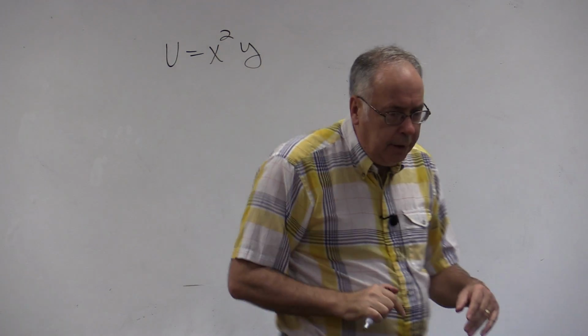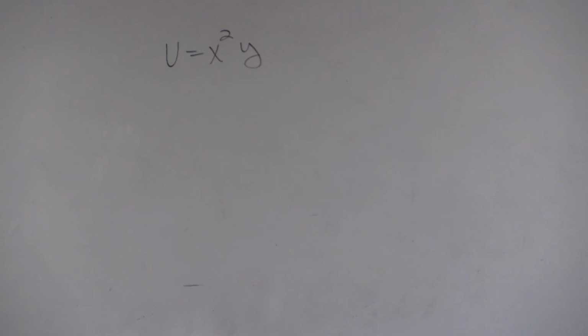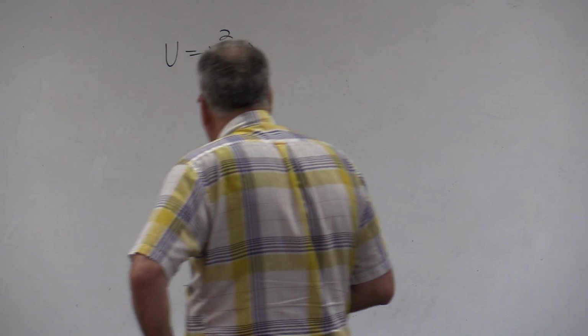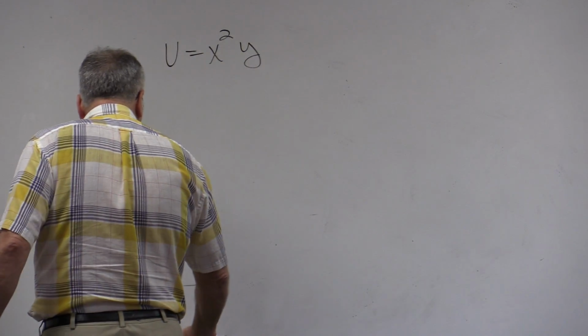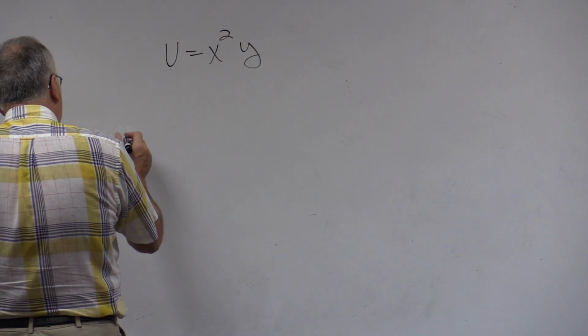Is this utility function quasi-concave? Okay, it's not concave. How do we know it's not concave? What would have to be true for this to be concave? Look at all these second derivatives.